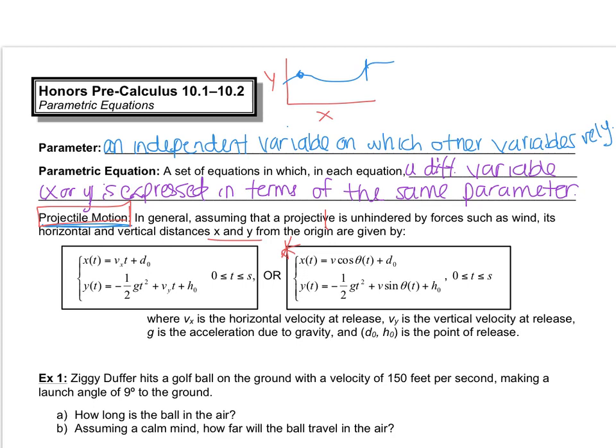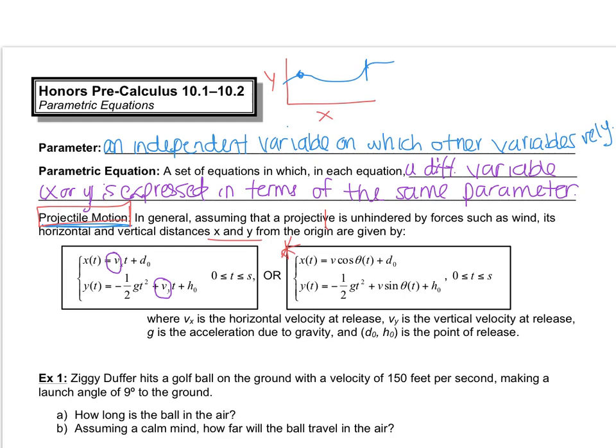We will not be doing problems with specific horizontal velocity and specific vertical velocity. That's what the v sub x and v sub y stand for. If you look at these sets of equations, it's overall directional velocity, so it's not broken down into horizontal or vertical. It just depends on whatever angle, whatever direction the object was projected in.